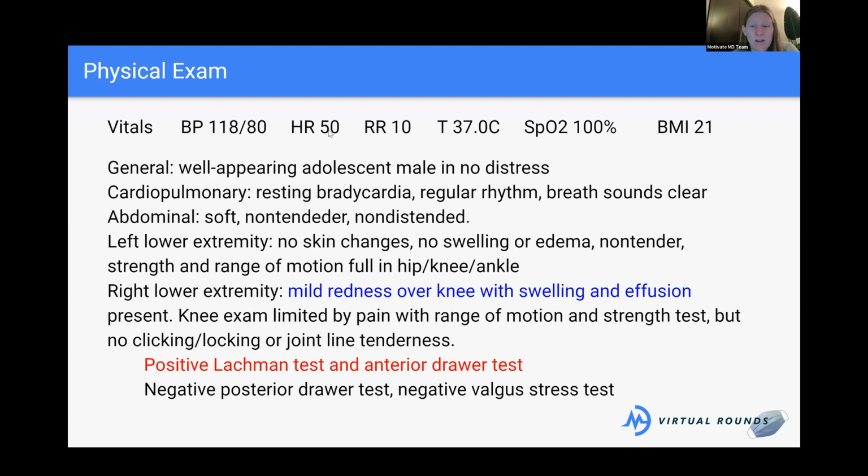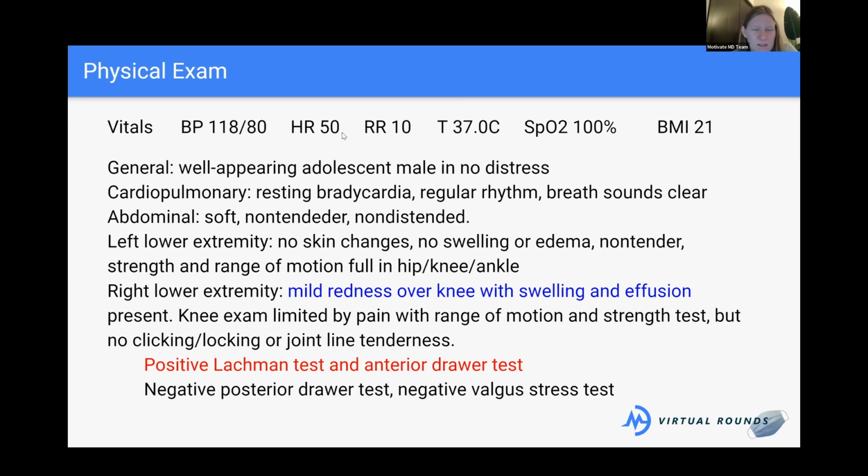The one thing that you might notice is that his heart rate is a little bit lower. The normal heart rate for adults is between 60 to 100 beats per minute, and he's sitting at 50. But that phenomenon is actually common in athletes who are really active, who have very excellent cardiovascular fitness. They can have a much lower resting heart rate than that 60 of what would be considered normal.